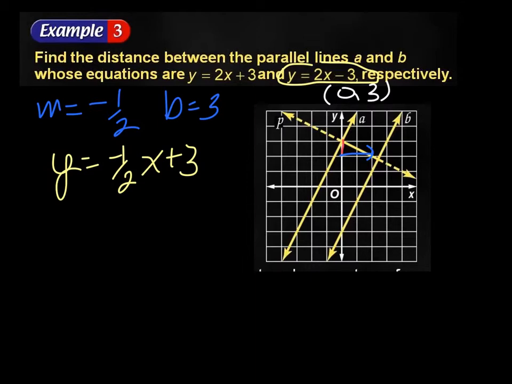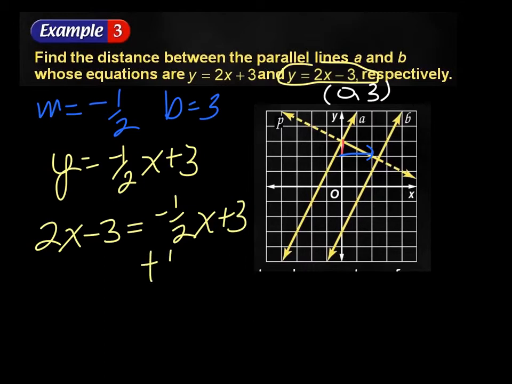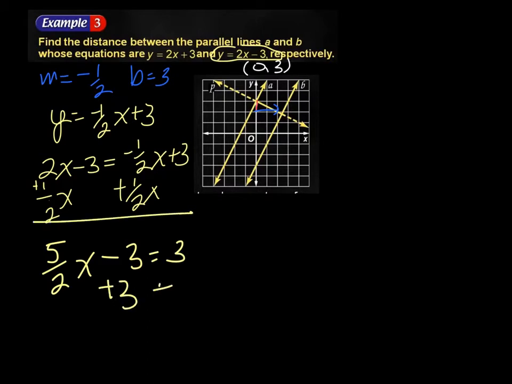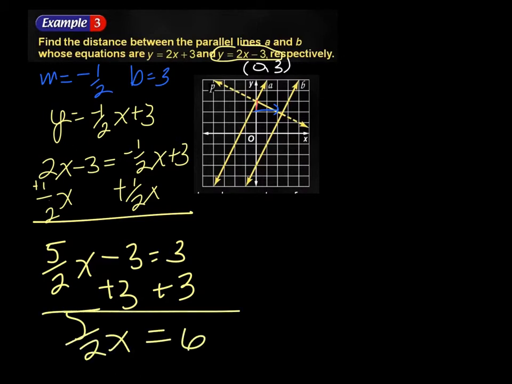So conveniently they're both solved for y, so since they both equal y, we can set the x parts equal to each other, so 2x - 3 must equal -1/2 x + 3. Let's add 1/2 x to both sides. So 2.5, usually we want improper fractions, so 5/2 x - 3 = 3, and add 3 to both sides. 5/2 x = 6.